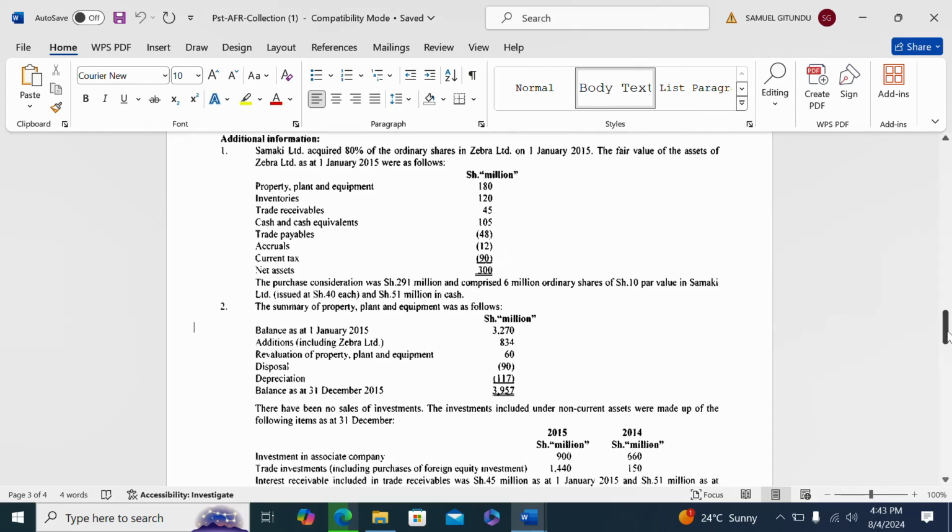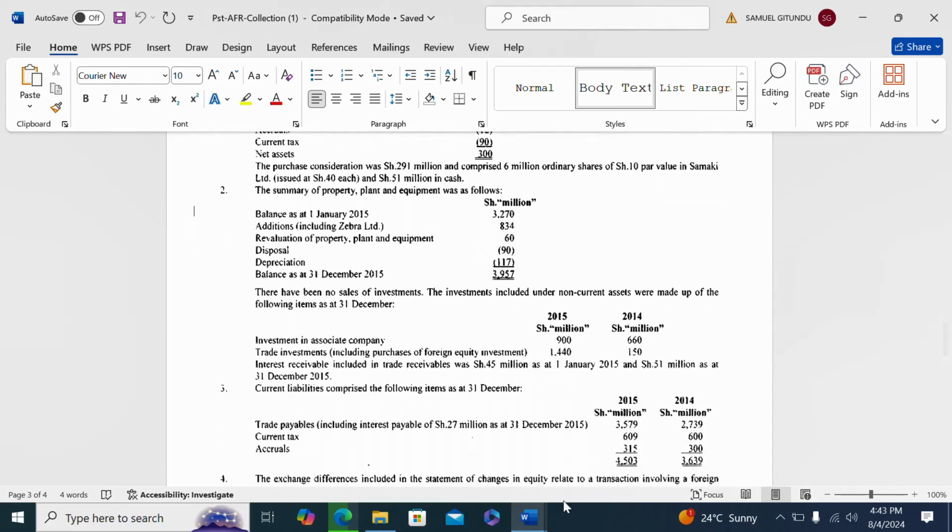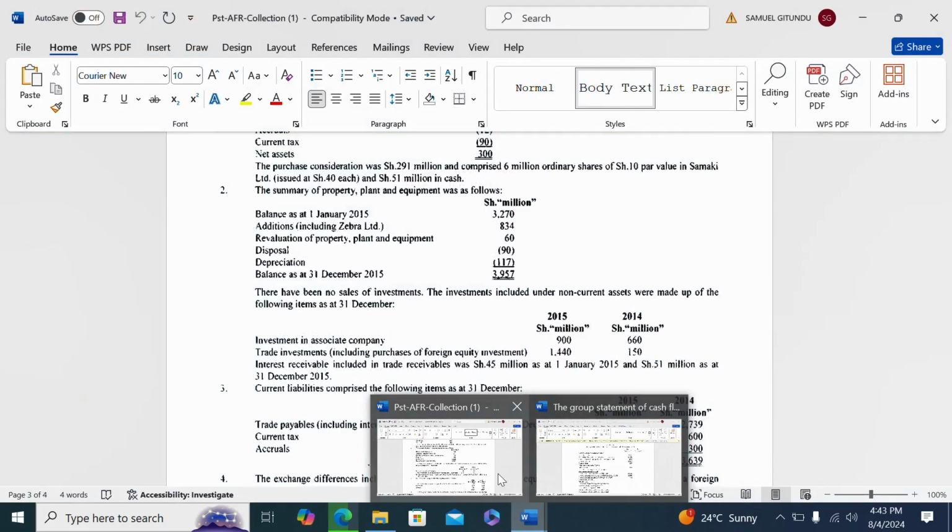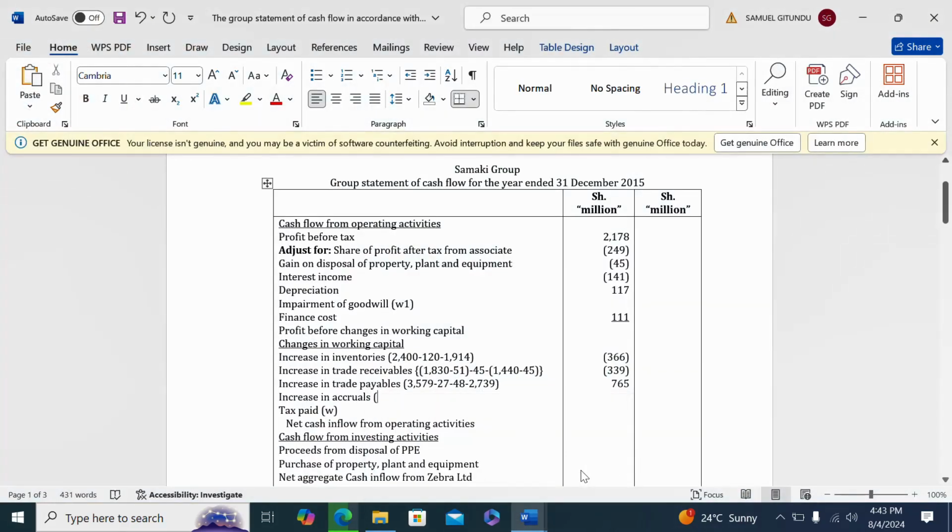So we take 315 minus 12, minus the accruals at the beginning of the year.